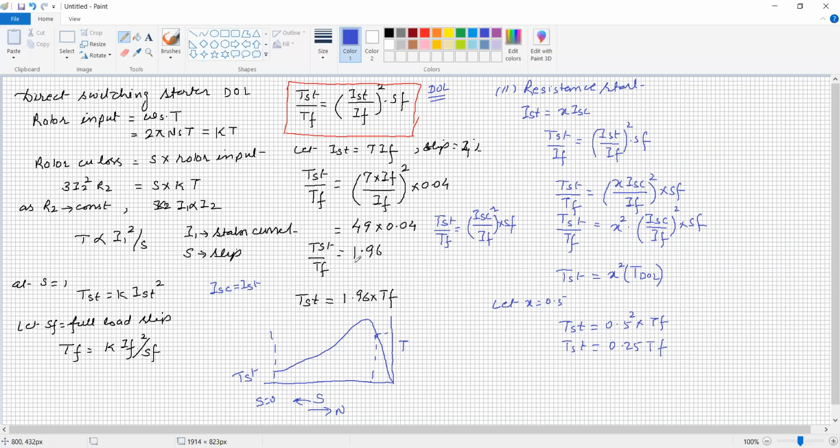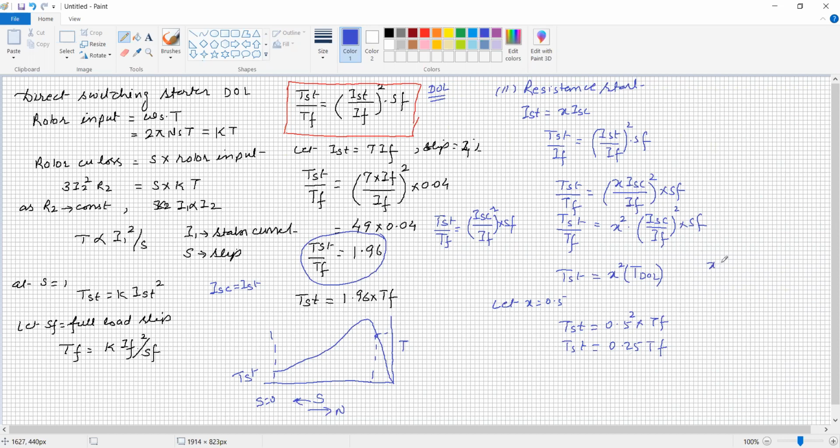The starting torque of the DOL starter is nearly 2 times the full load torque, whereas the starting torque of the motor by resistance starting is very small. It is multiplied by the square of the percentage, so a reduction is there.